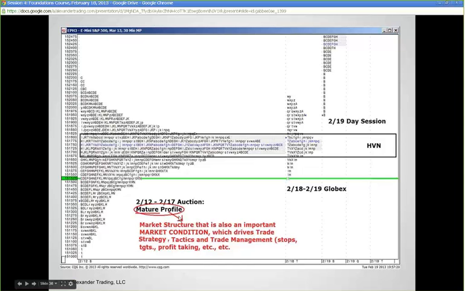Mature profiles are the most important market profile structure to an auction market trader, because it identifies a very specific market condition, and it is a market condition that gives us the highest expectancy trade, and it drives trade strategy, the tactics, the trade management, the stops, the targets, profit taking, et cetera.